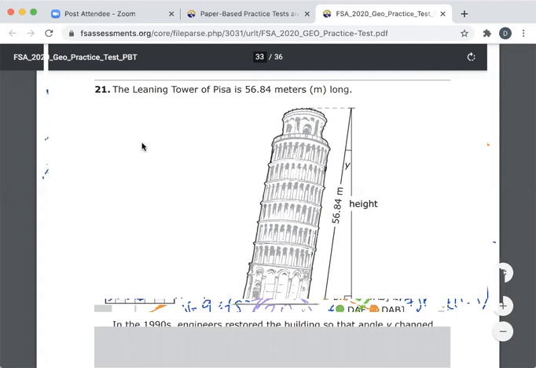So we basically have the hypotenuse of a triangle. We have the angle of Y, and we're going to have to do it twice, right? And we're looking for how much the height changed. We can't use the Pythagorean theorem for this. We're going to have to use sine, cosine, tangent.